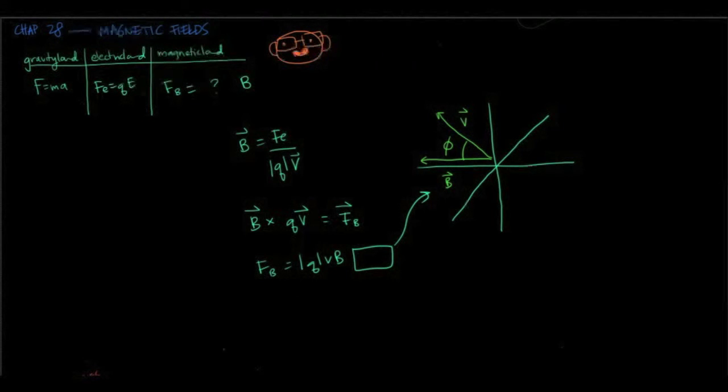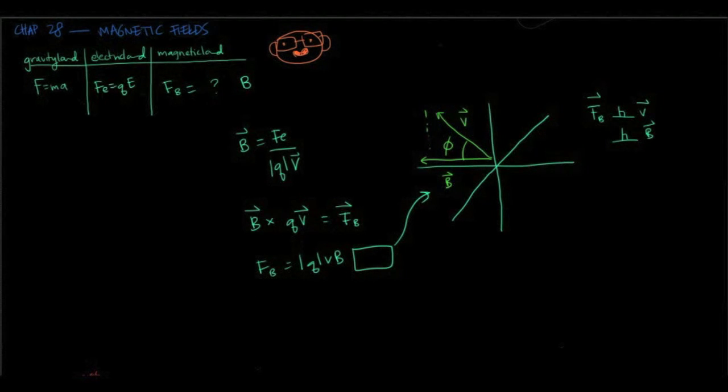Due to our experimentation, we know that FB must always stay perpendicular to the velocity V, and also must stay perpendicular to the vector B. And if you have this angle, then clearly they are not perpendicular, so we can only take the perpendicular component of that vector.